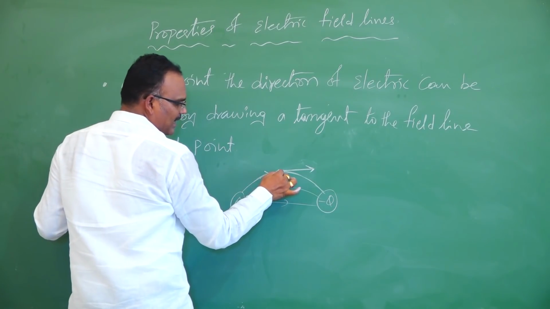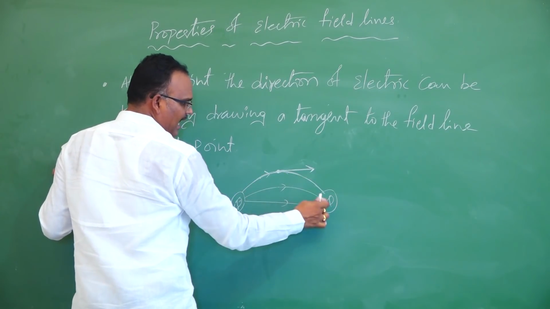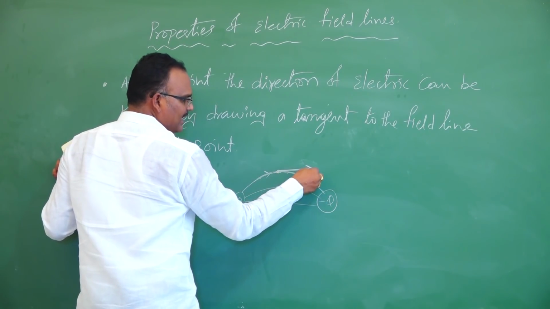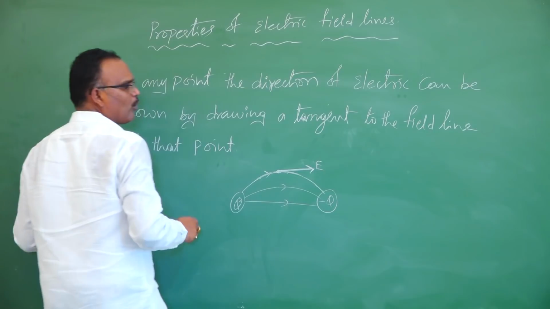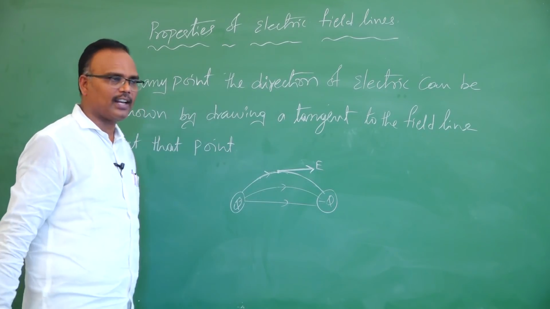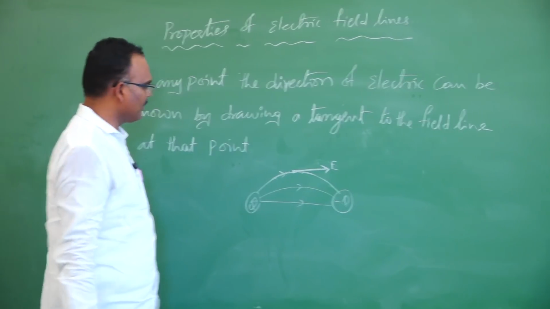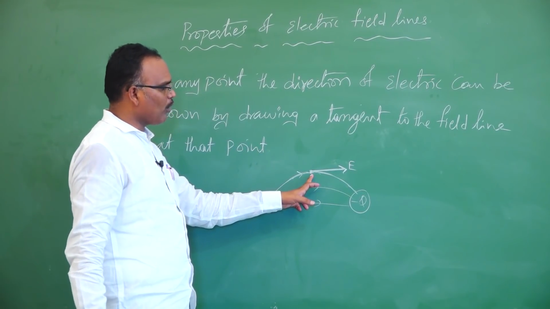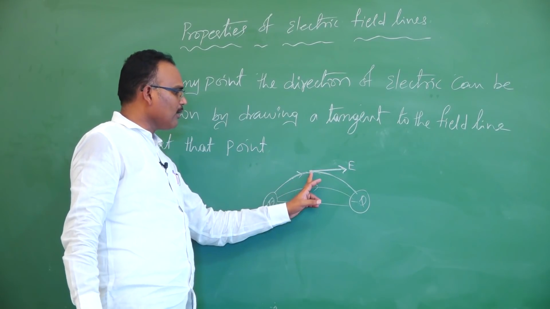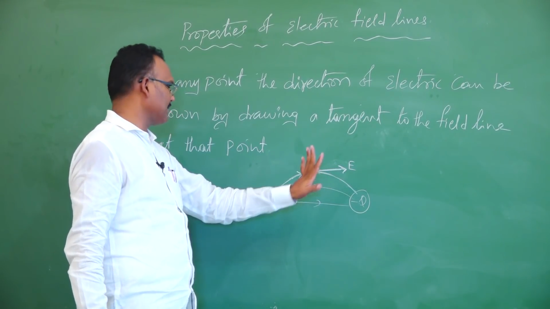That means at this particular point, the electric field due to both the charges is only in this direction. So the direction of the electric field at a point can be known by drawing a tangent to the field line existing at that place.